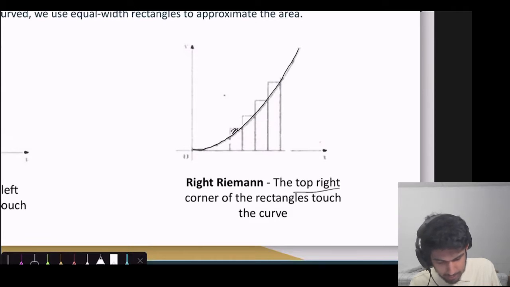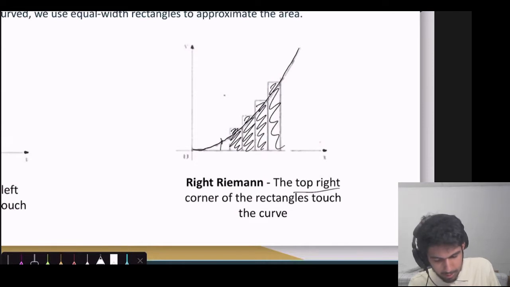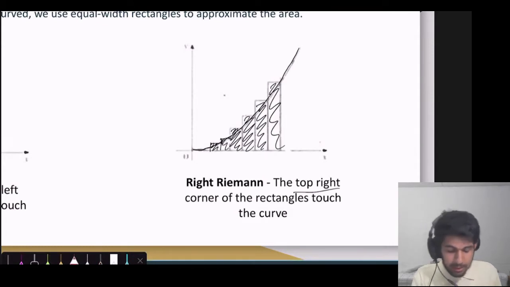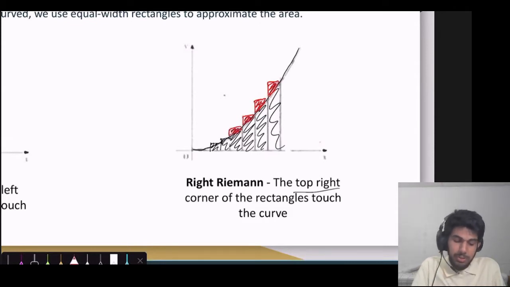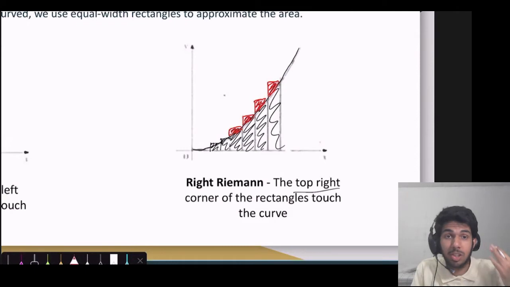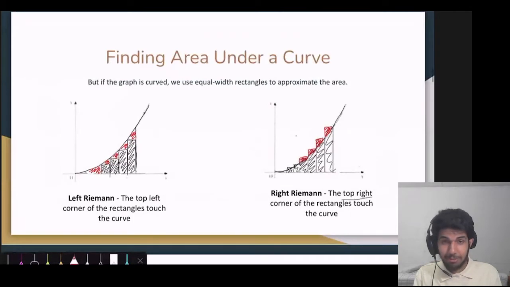And it's a close approximation, except now we overcount, right? We overcount this area. We overcount that area, and so on. So neither of these estimations are perfect, but that's why they're called estimations. They give us a good idea of what the area could be. And rectangles are easy to work with. So remember, left Riemann and right Riemann, we look at which corner of the rectangle touches the curve.